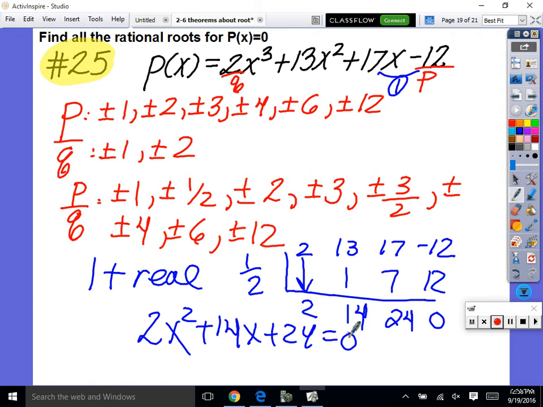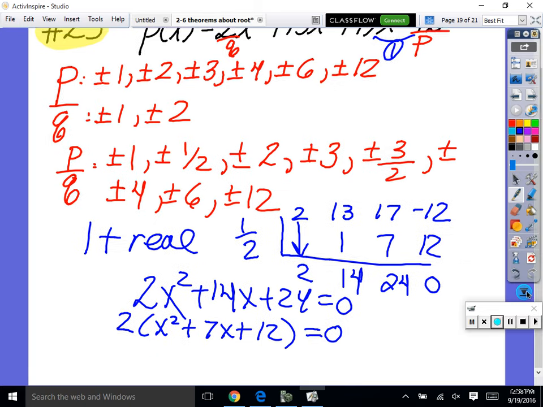Then I would factor out, I mean, you can do this 25 different ways. I personally factor out a 2 because then it's quick factoring. So I'm going to factor out a 2. Left is x squared plus 7x plus 12. Then we can ignore 2 for a minute because there's no variable. So what multiplies to be 12? 3 and 4.